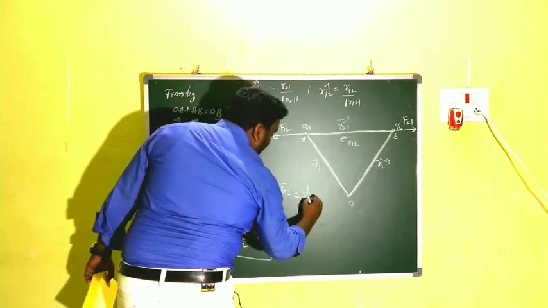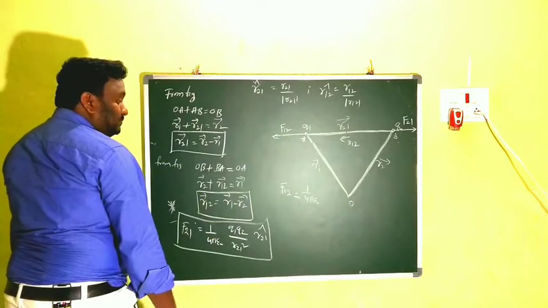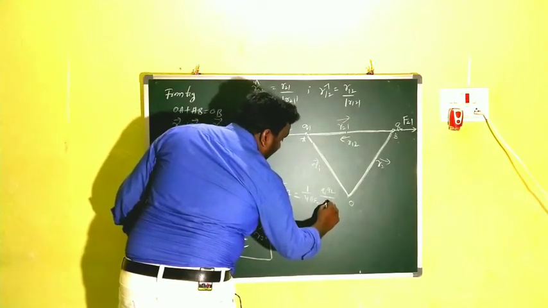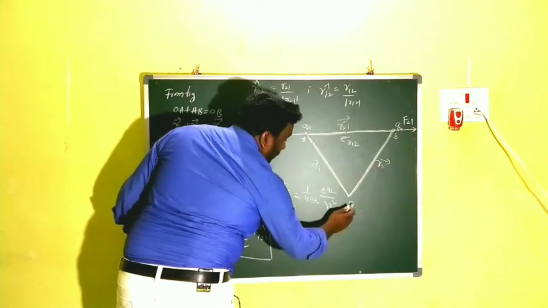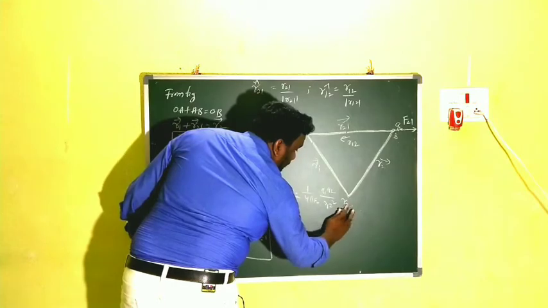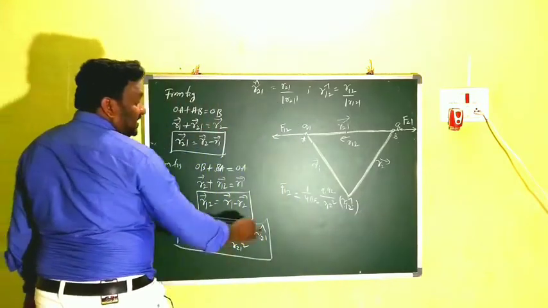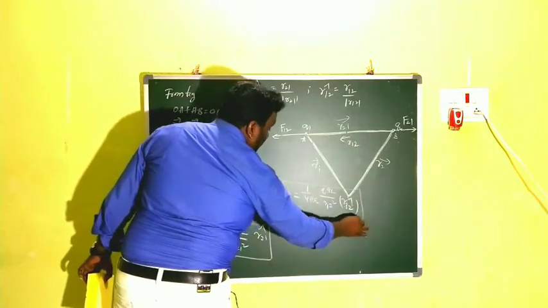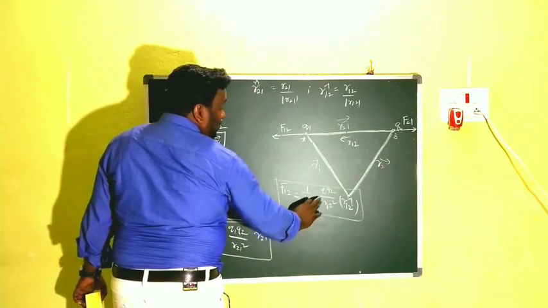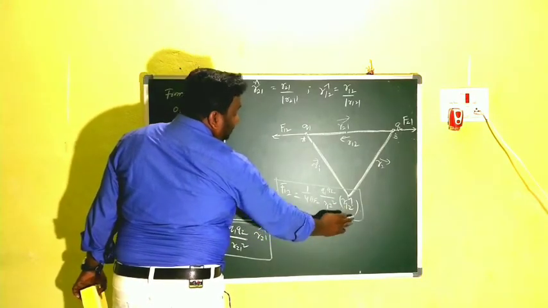Here I am writing 1 by 4 pi epsilon naught Q1 Q2 by R12 square into R12 cap. This is another equation for another force: F12 is equal to 1 by 4 pi epsilon naught Q1 Q2 by R12 square into R12 cap.